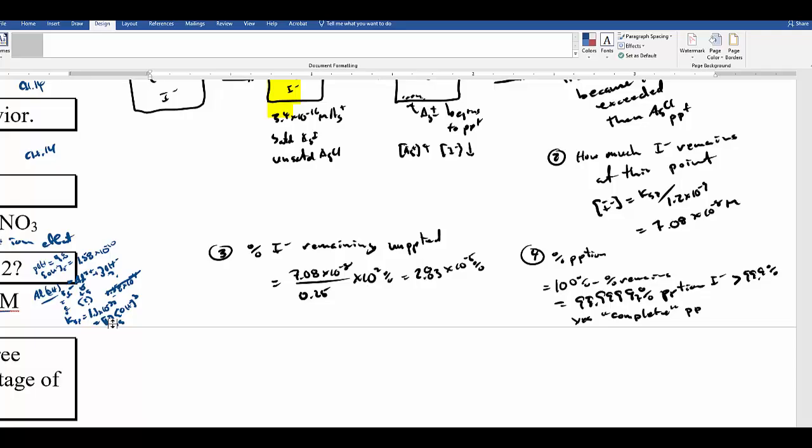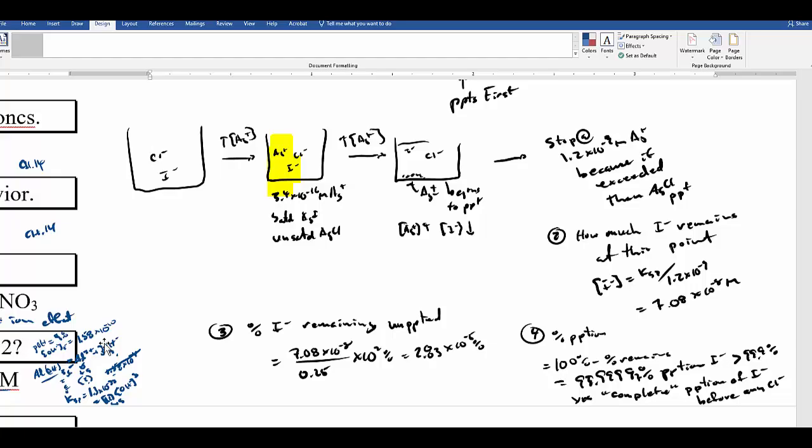Complete precipitation of iodide before any chloride precipitates. We leave the chloride in the solution, so we can separate the iodide from the chloride this way. There will be some residual, small amount of iodide left unprecipitated, but at least the silver iodide will be pure.